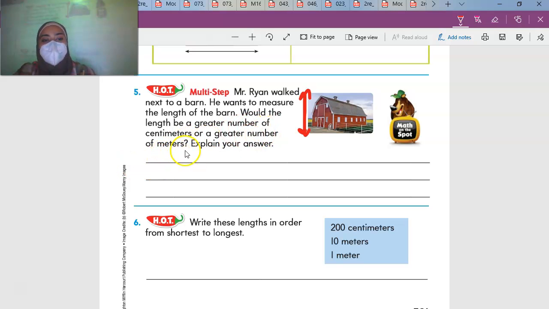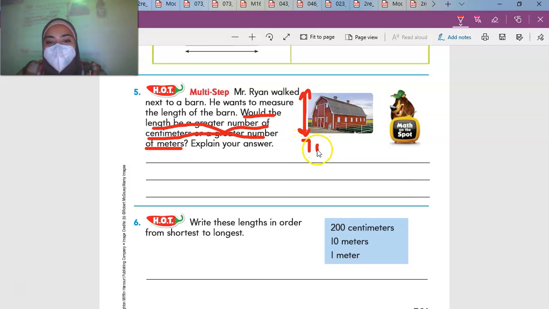All right, so would the length be a greater number of centimeters? Oh, but that's not what the question says. The question said, would the length be a greater number of centimeters or a greater number of meters? It would be a bigger number of centimeters. Remember? Because 100 centimeters is 1 meter. So let's say the barn, I'm just going to round it, is 7 meters long. 7 meters is how many centimeters?